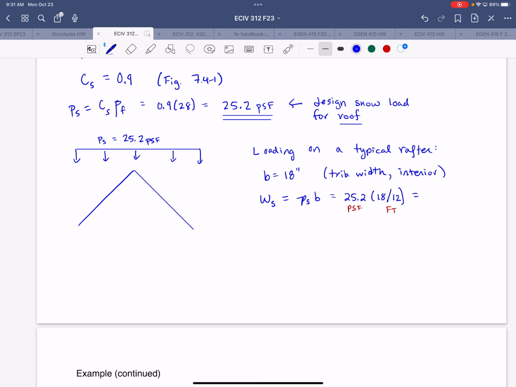All right, so we get 37.8 pounds per foot. So this would be the design snow load for a typical rafter.